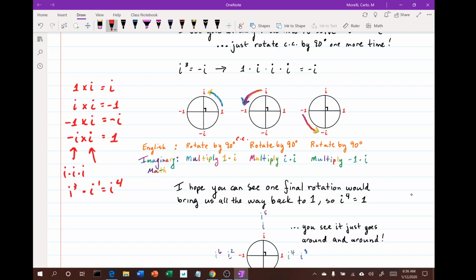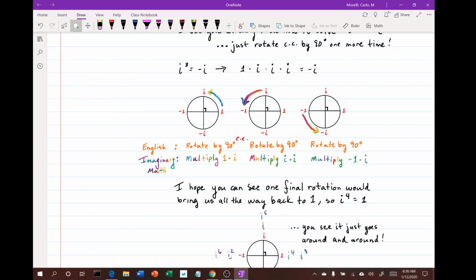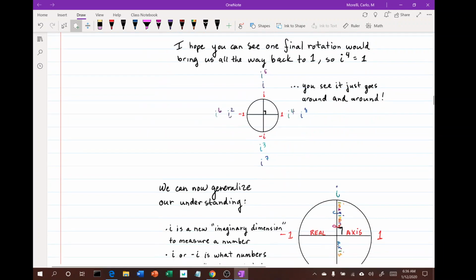So i to the 4th power is 1. All right? I to the 4th power is 1. So I hope you can see that one final rotation would bring us all the way back to 1. So i to the 4th equals 1.